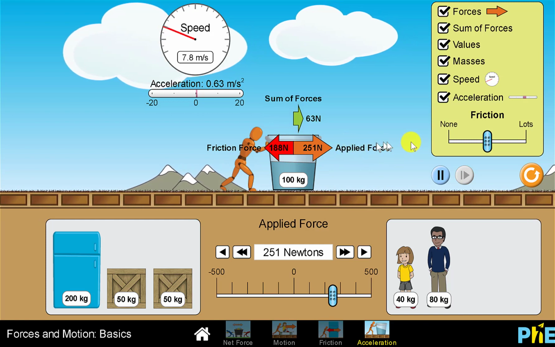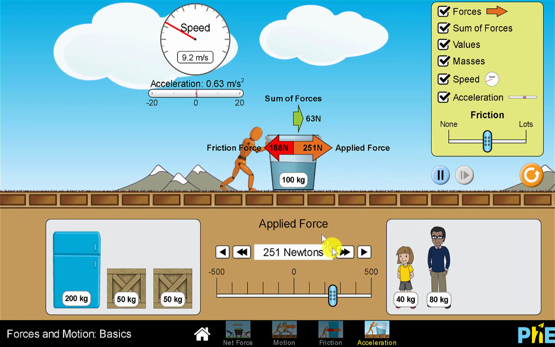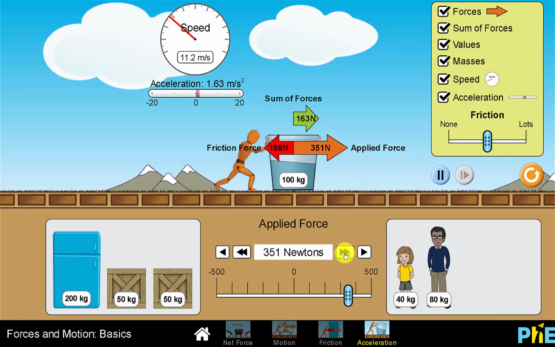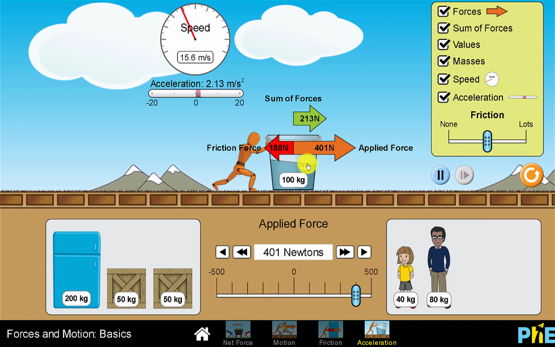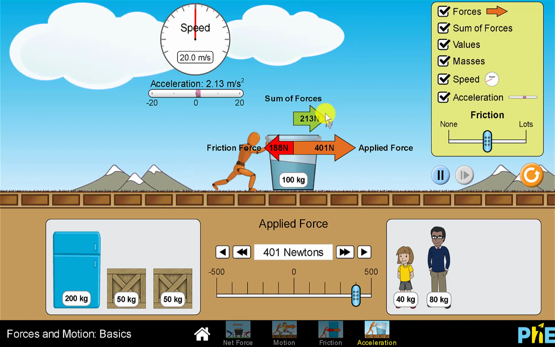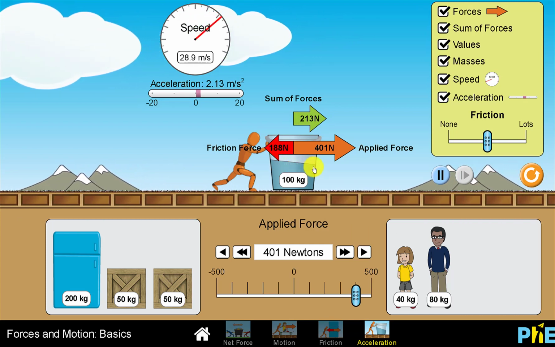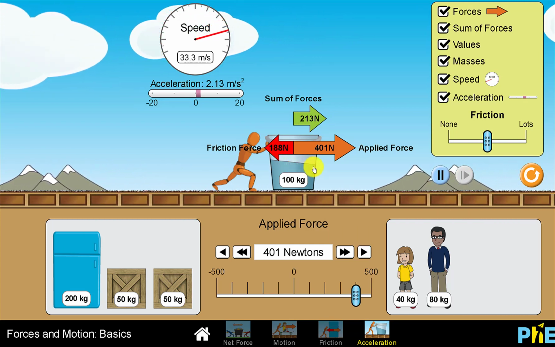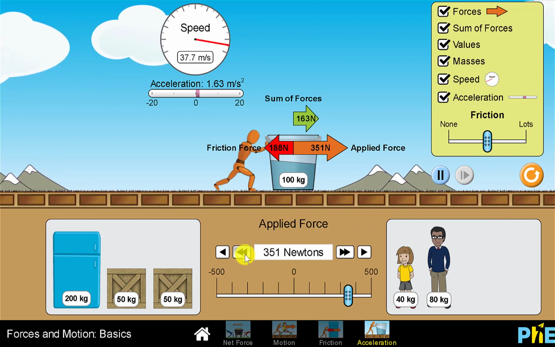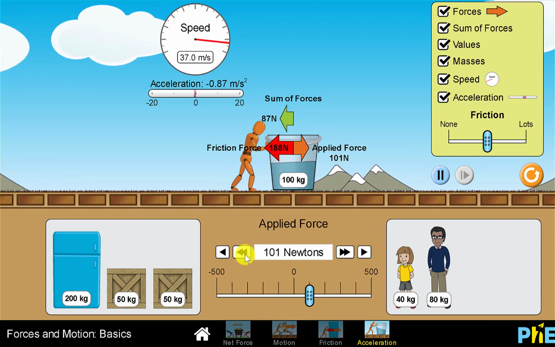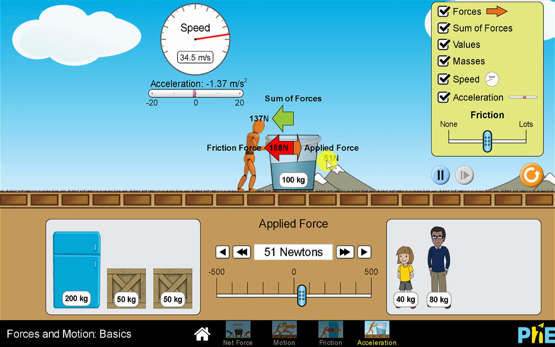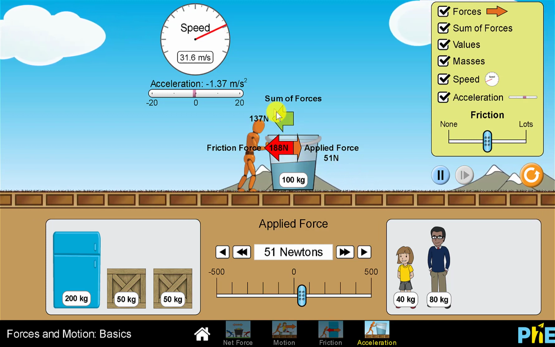If I increase the force, the slant of the water is more because the net force is bigger. So water in a glass is a good accelerometer. If I only push with 51, now the net force is backwards and I'm slowing down.